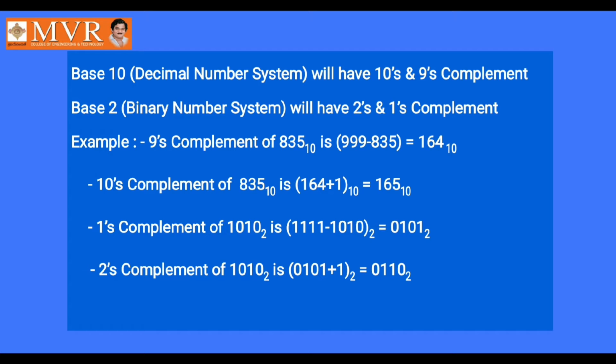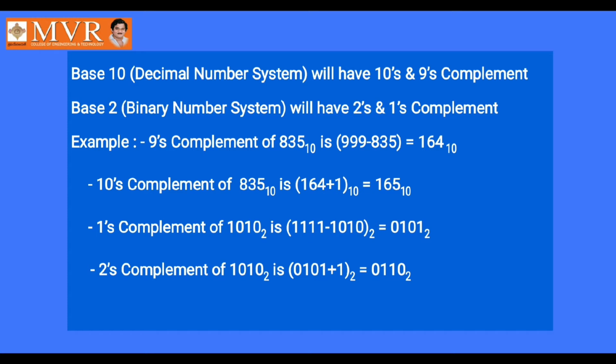You can ask me, sir, in the data types we have discussed hexadecimal and octal also, but why are you not considering those here? It's very simple. The same logic you can apply there. If you take hexadecimal, 16 is the base. If you want the r minus 1's complement, you need to subtract every value from 15. Whatever the result you get, if you add 1 to that, you will get the 16's complement.